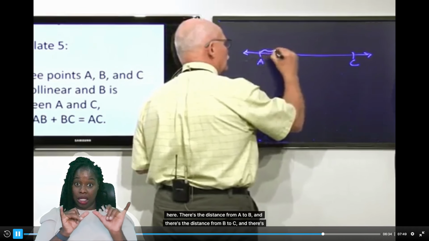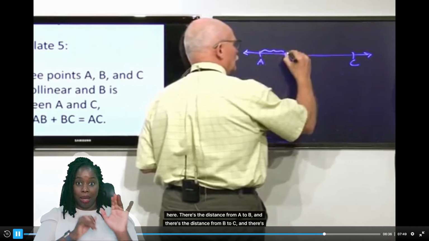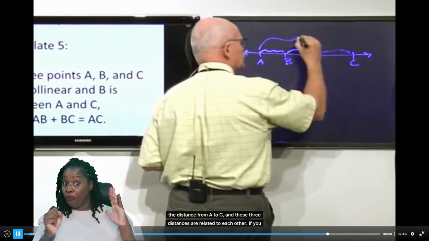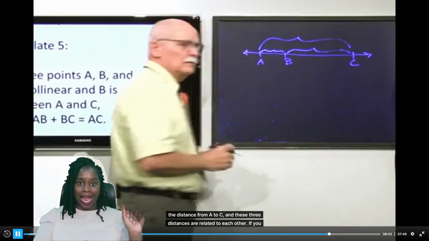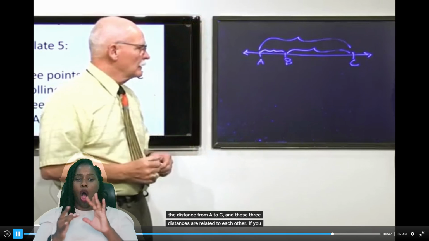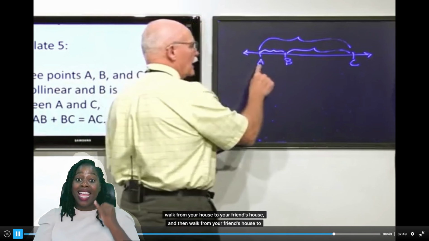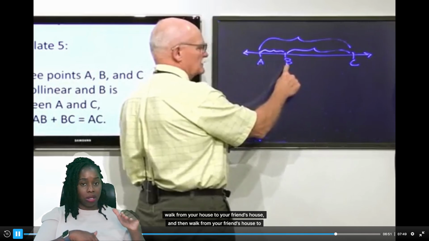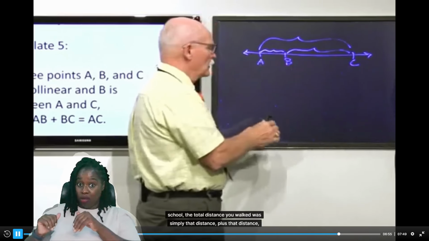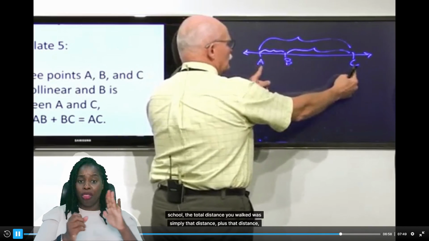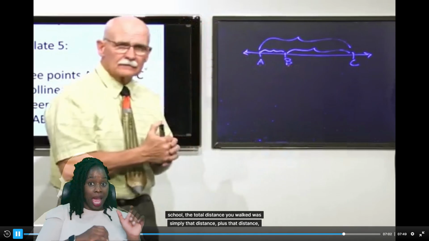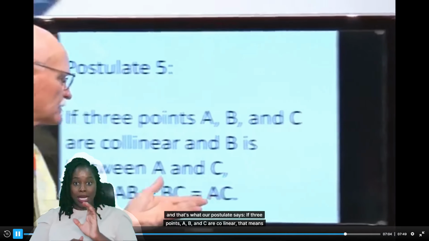There's the distance from A to B, and there's the distance from B to C, and there's the distance from A to C. And these 3 distances are related to each other. If you walk from your house to your friend's house, and then walk from your friend's house to school, the total distance you walked was simply that distance plus that distance. Okay? And that's what our postulate says.